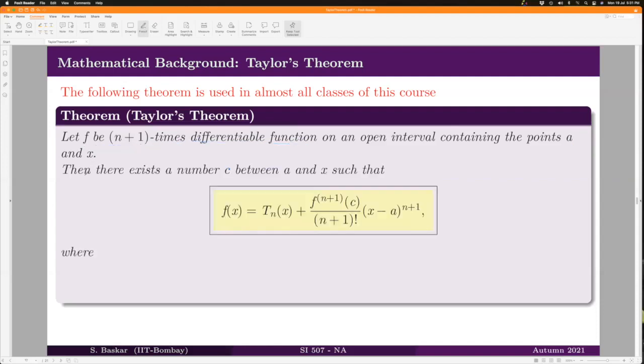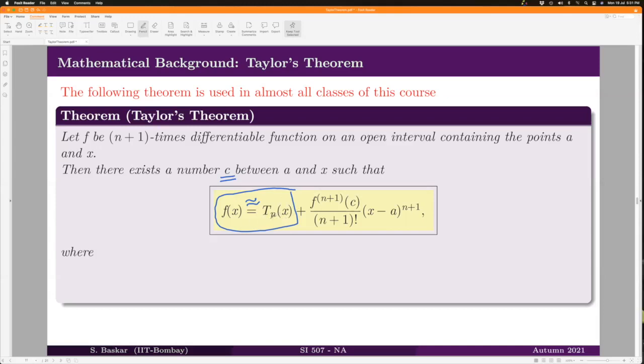So the theorem says then there exists a number c between the point A and x such that you can write f of x. Remember, if you take only this much, you can only say that f of x is approximately equal to. We have seen in the last example that the function f of x will not exactly coincide with the polynomial for all x, but it can approximately be equal to the polynomial in a small neighborhood of A. That is what we have seen in the last example.